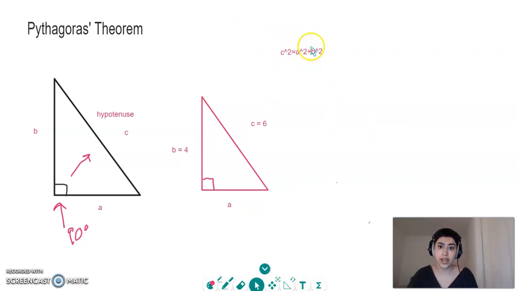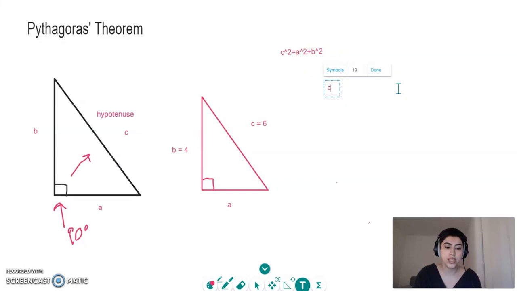So we know we have C and B. We want to isolate A. So how would we do that? We need to bring the B over to the side of C. So to do so, we would minus the B squared, and we would be left with C squared take away B squared leaves us with A squared on the other side.